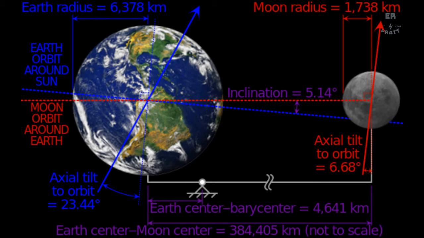It is composed mostly of iron, 32.1%, oxygen, 30.1%, silicon, 15.1%, magnesium, 13.9%, sulfur, 2.9%, nickel, 1.8%, calcium, 1.5%, and aluminum, 1.4%, with the remaining 1.2% consisting of trace amounts of other elements.